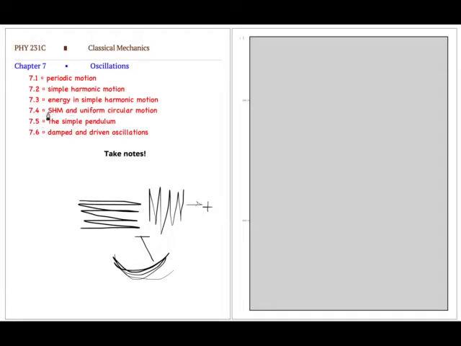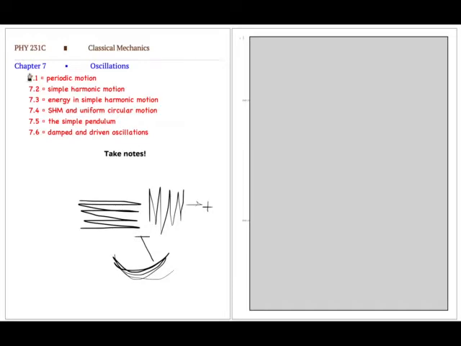There's kind of a cute relationship between simple harmonic motion in one dimension and uniform circular motion in two dimensions, which is mentioned in section 4. There's a section on the pendulum. There's a little more advanced section on damped oscillations and driven oscillations.